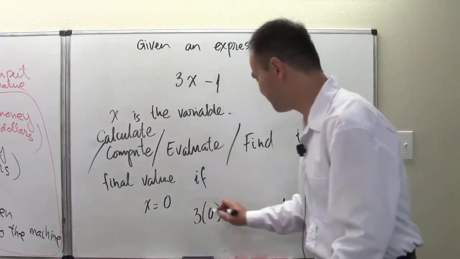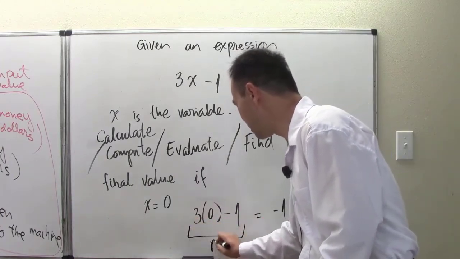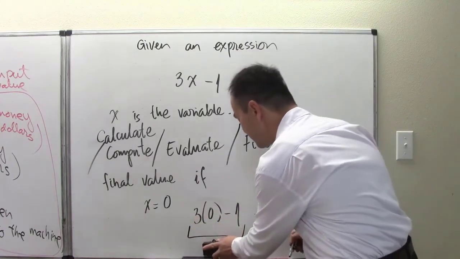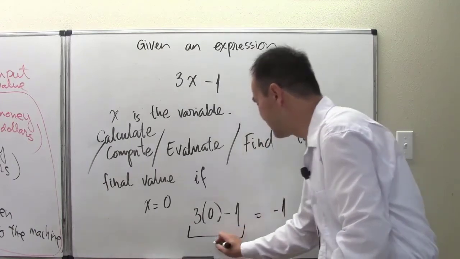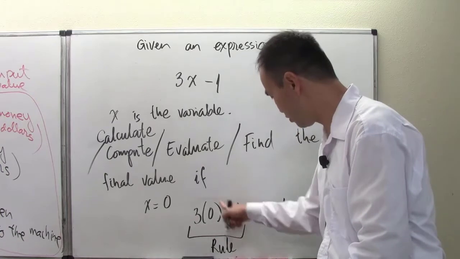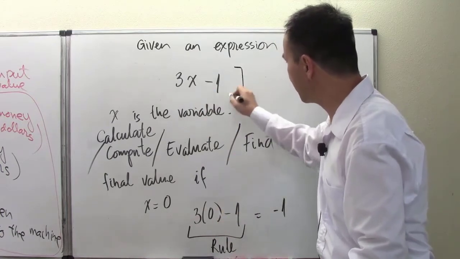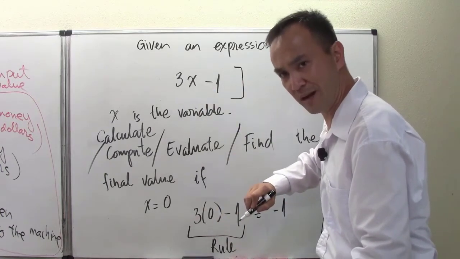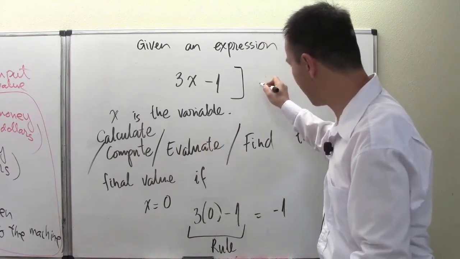So again, what I see here, that's the rule. Having a little bit of struggle with writing in a narrow space right here, but it's a rule. The 3 times the input right here, the 3 times the variable value minus 1, that's the rule.